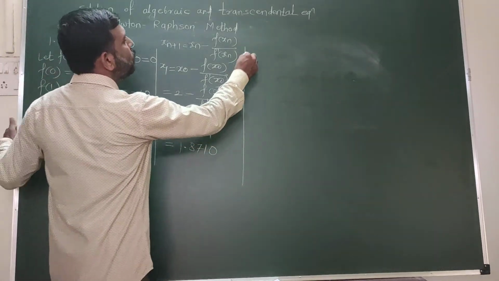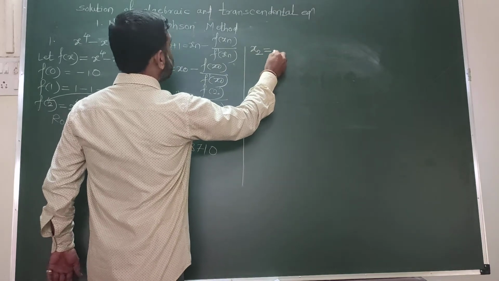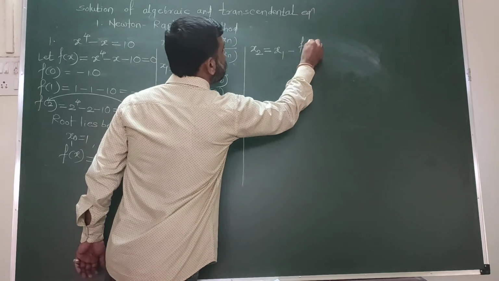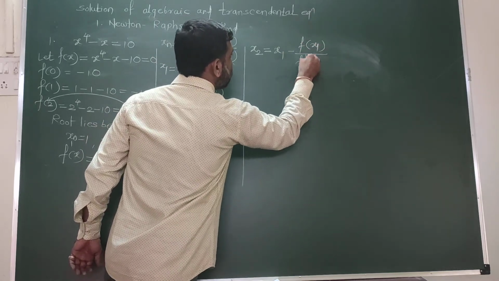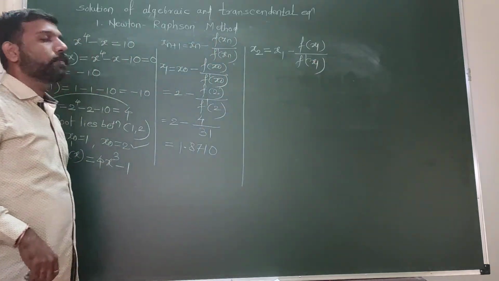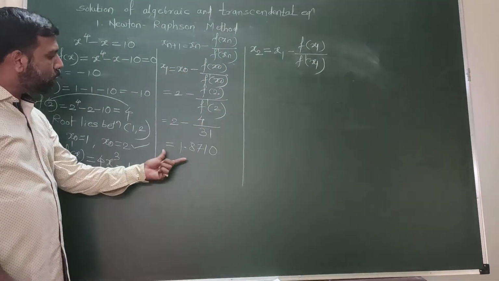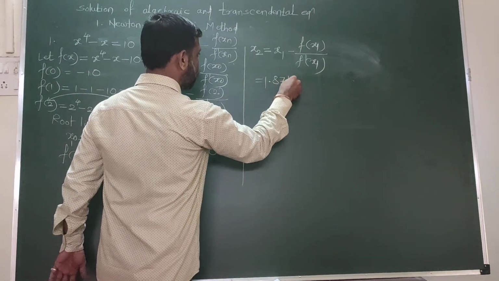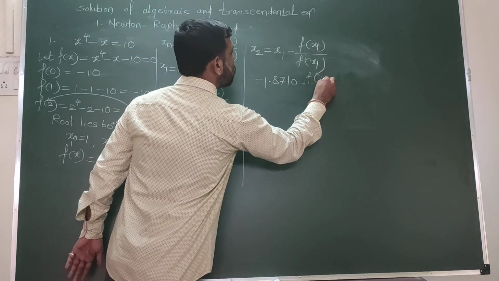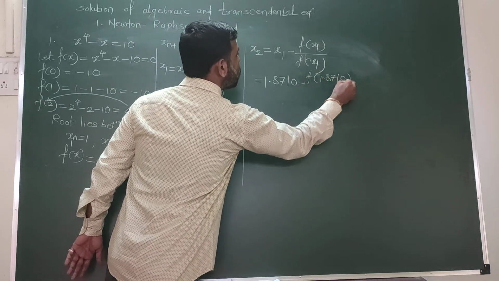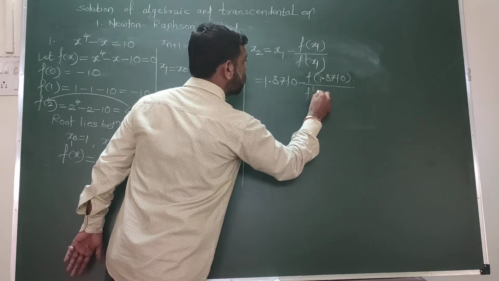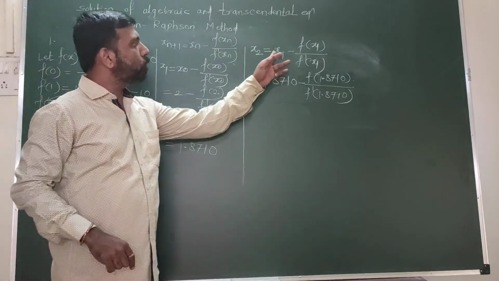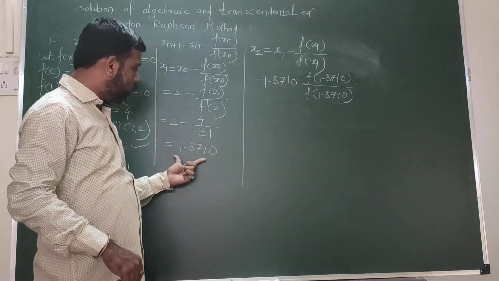x2 is equal to, substitute n equals 1, so this becomes the formula. Again, in that, the previous value x1 we have to substitute. So at each step we substitute only the value of x1 which we have calculated already.